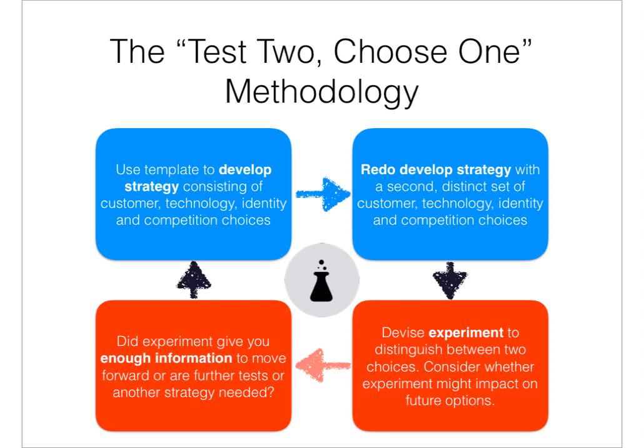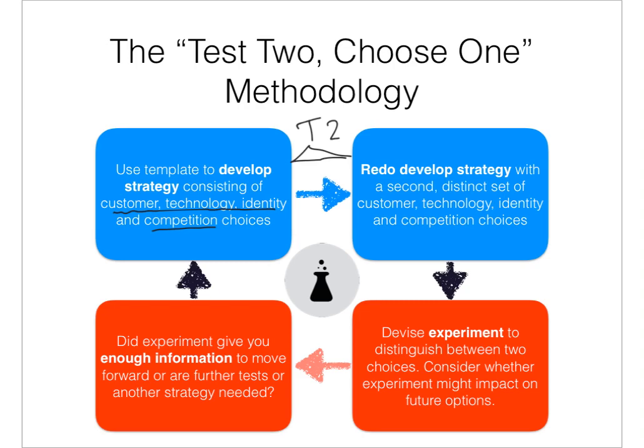So the methodology is basically an iterative one, as illustrated here. First thing you would do is you develop a strategy consisting of our 4 choices of entrepreneurial strategy. Then, of course, you'll do it again. So these 2 elements give you the test 2 elements, if you do both of these.